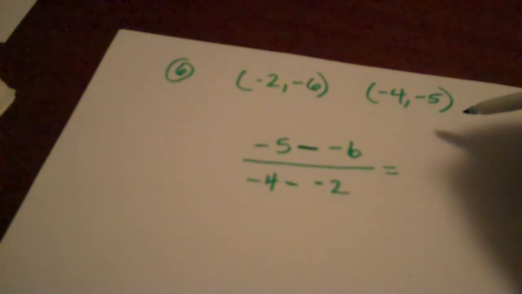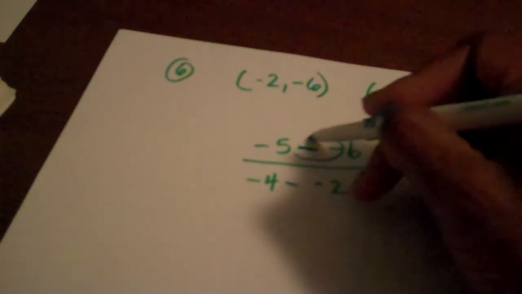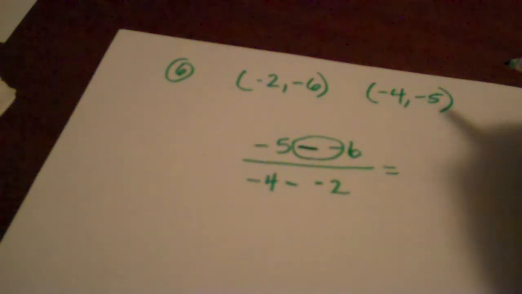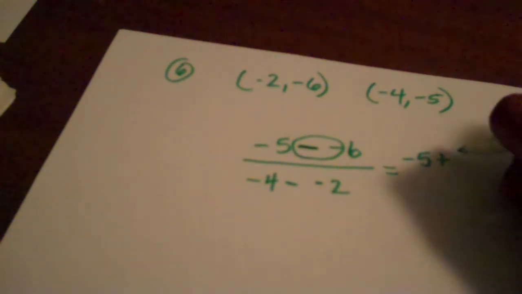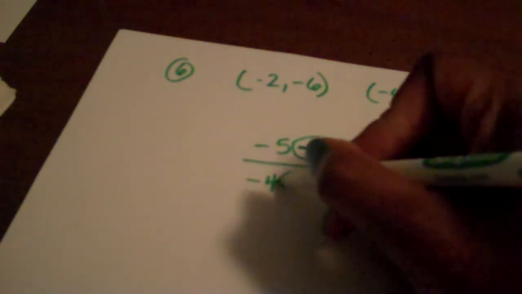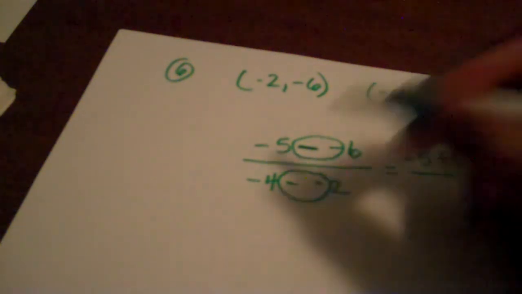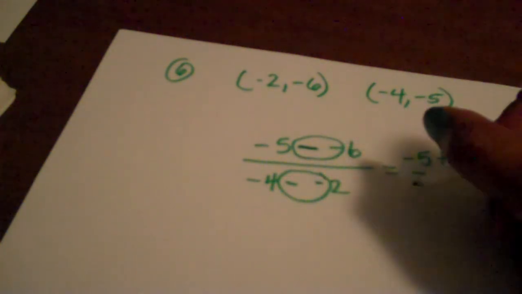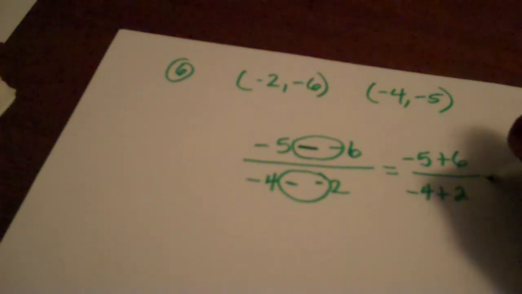And I'm going to calculate now. -5 minus -6, I don't want to keep those two signs, so I'm going to circle them. Two negatives make a positive, so that gives me -5 plus 6 over. Here again in my denominator I have two signs, so I'll circle them. Two negatives make a positive, so I get -4 plus 2.